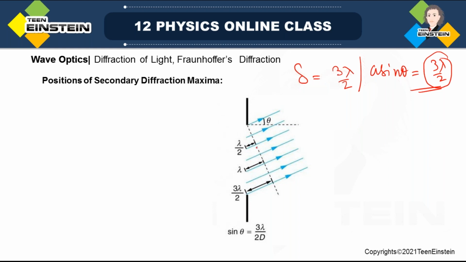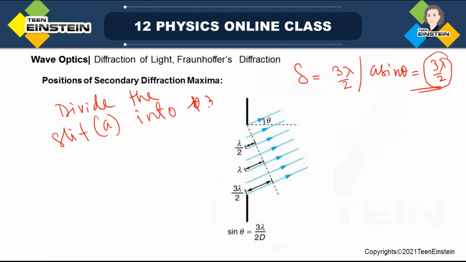To explain that, let us do one thing. Let us break this slit, divide the slit A into three equal parts. Point A and this point is B. The whole part was giving path difference lambda.